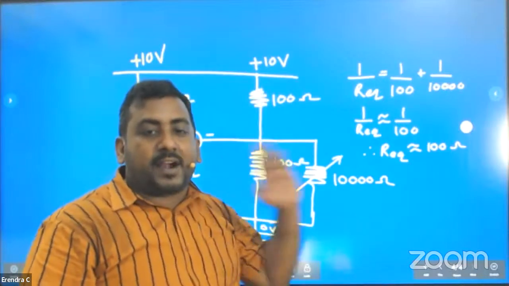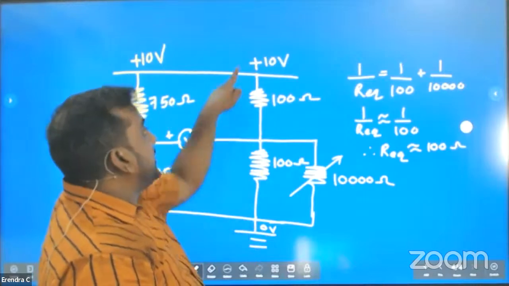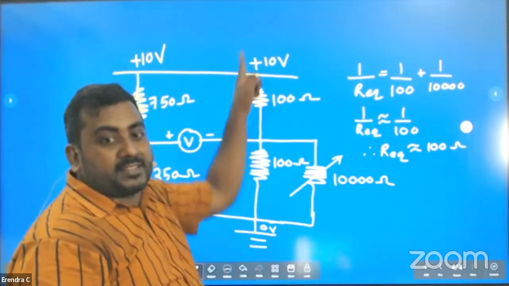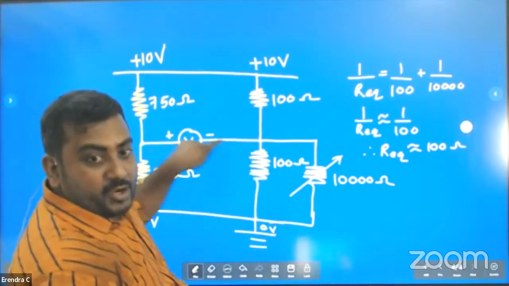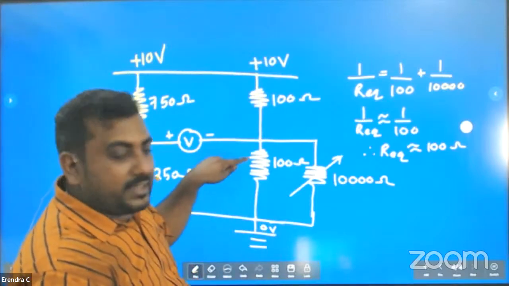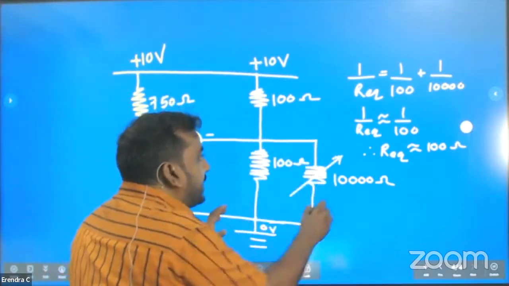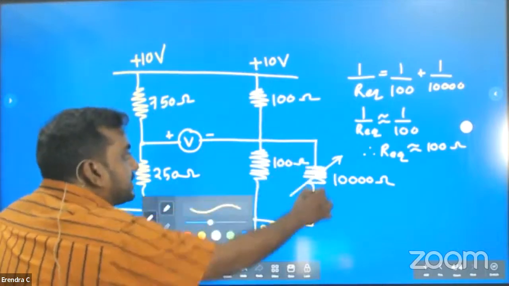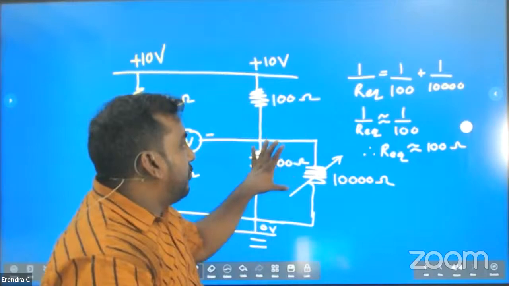100 means what will happen to the voltage? Quickly tell. Voltage is here to here. Here 0, here 10. 0, 10 means how much? 10 volt. Is current going here? No, no current is going. Here to here, what can you say about the voltage? This whole thing is 100, this was 100. What can you say about the voltage here?